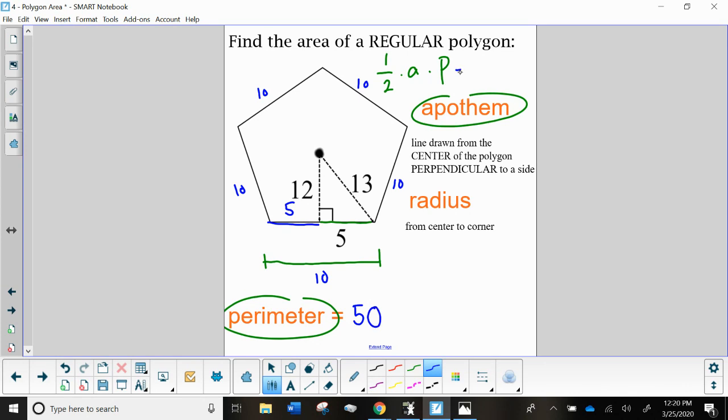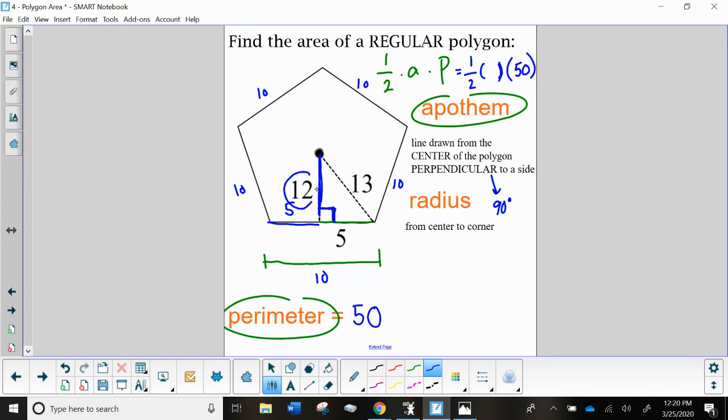So if I'm filling into this formula, I'm actually almost done. I need that apothem. I already have my perimeter of 50. So apothem is a line from the center of your shape that's perpendicular, which makes an angle of 90 degrees, to a side. So here's where it's perpendicular. Here's going to the center.